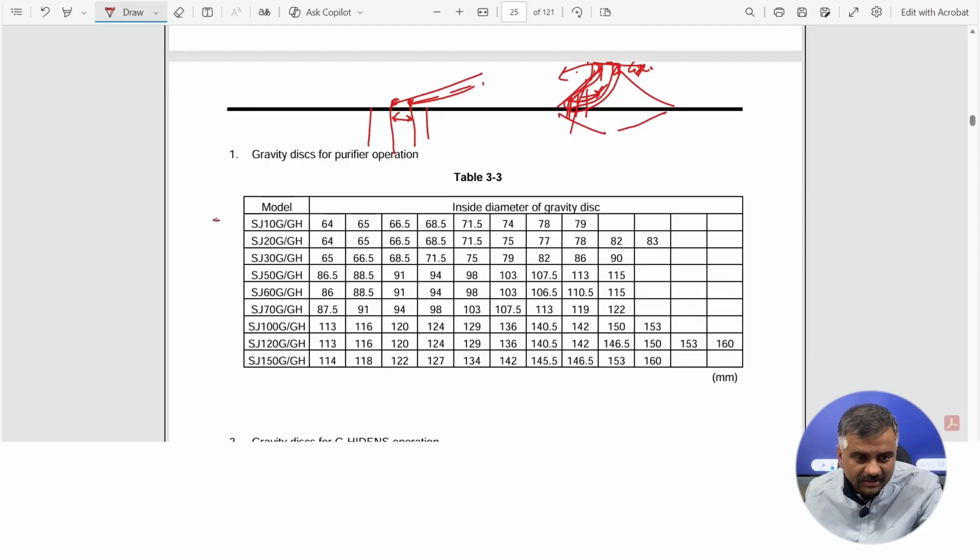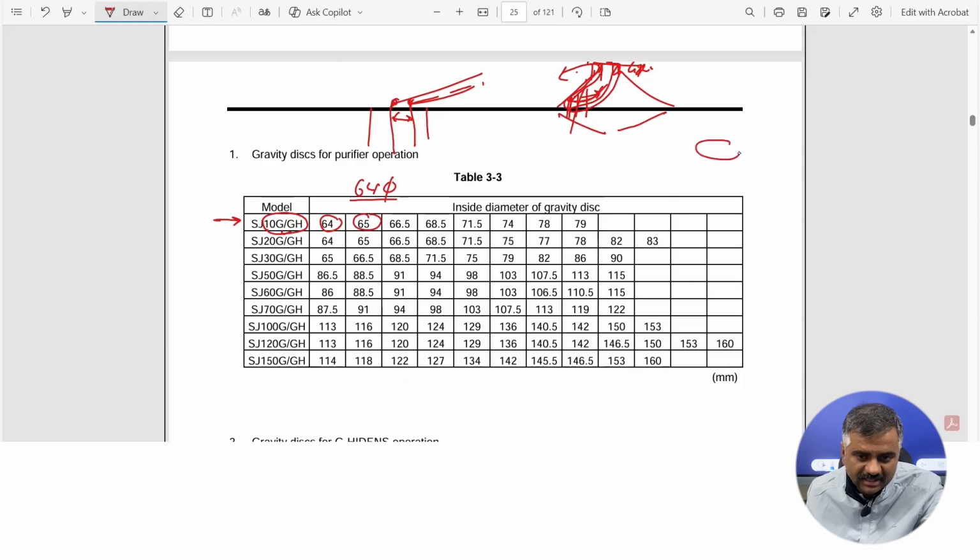Now as per the maker, there is only a set of gravity discs that is supplied for a set specification of a purifier. So for the SJ10 model, we have got this set of gravity discs from 64 mm internal dia, 65 mm internal dia.